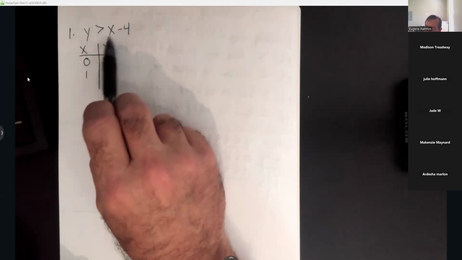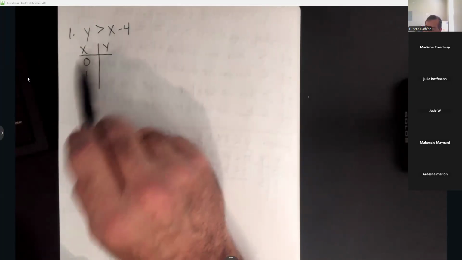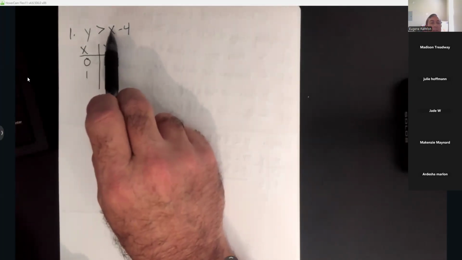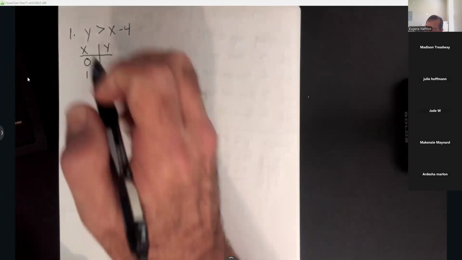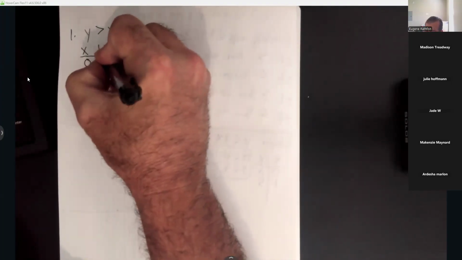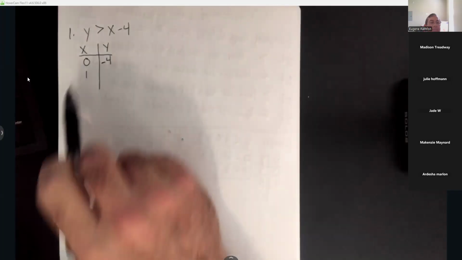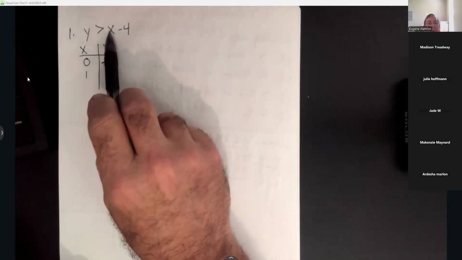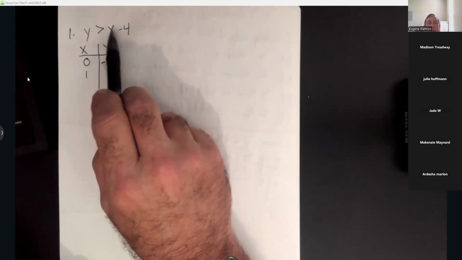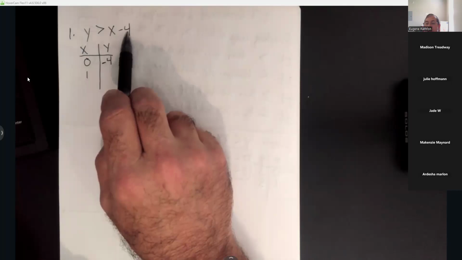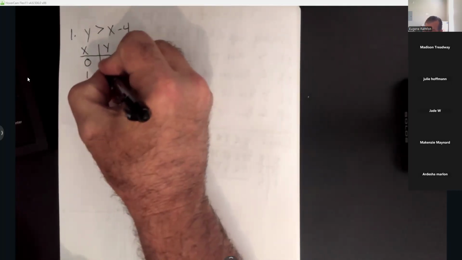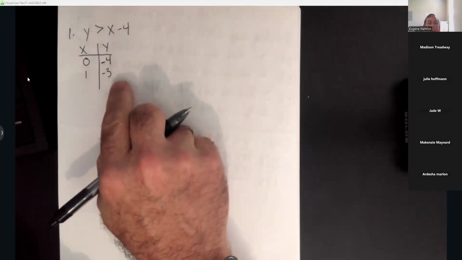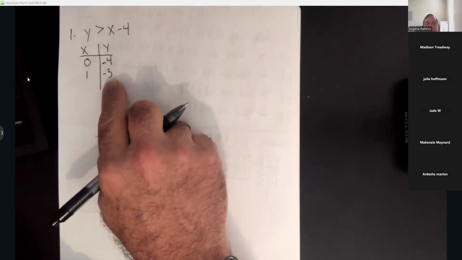So let's plug in our x's and get the y values. So if we put a 0 in there, we get 0 minus 4. And 0 minus 4 would give us a negative 4. If we put a 1 in there, 1 minus 4 would give me a negative 3. All right, so we got 2 points we're going to graph.